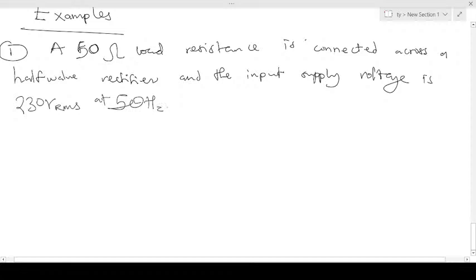Now we are told to determine four things. The first one being the DC output, which, as we have previously stated, is the average voltage.